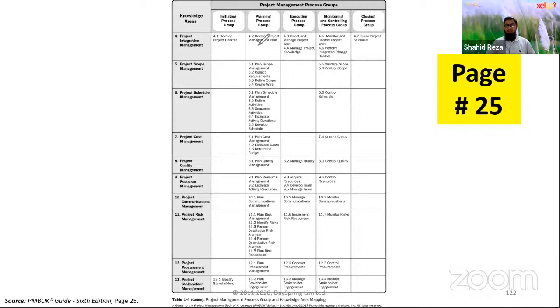They are under the planning process group, but there are no separate processes for creating those plans. For example, the change management plan and the configuration management plan. These two planning documents will be created when we develop the project management plan. But others, say the scope management plan, then WBS, project schedule, cost and others, will be created elsewhere.